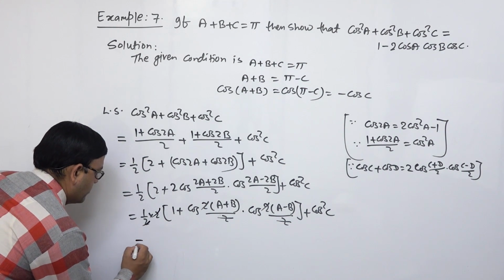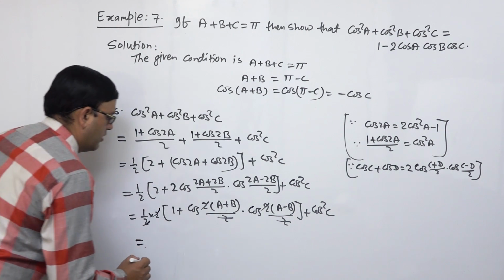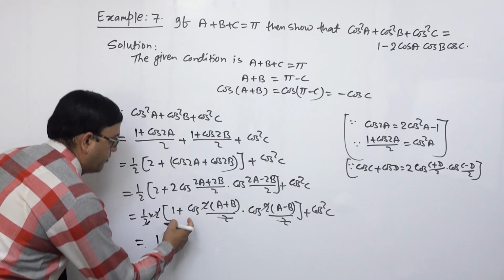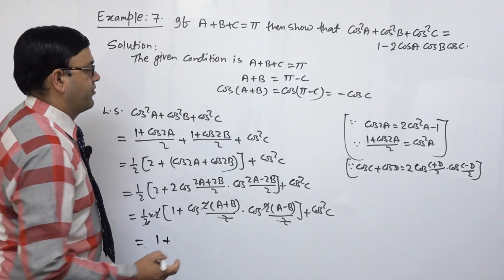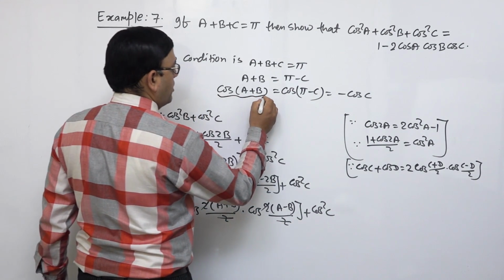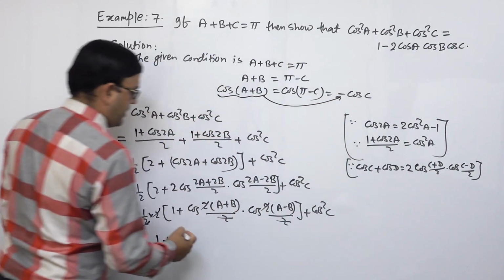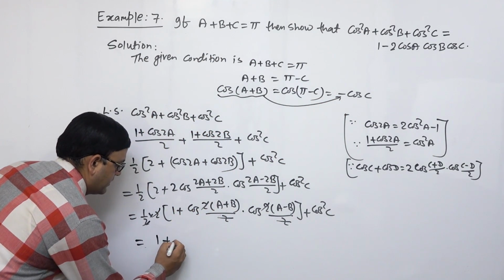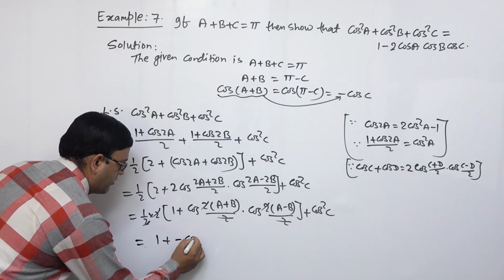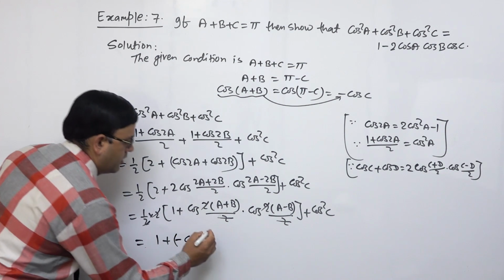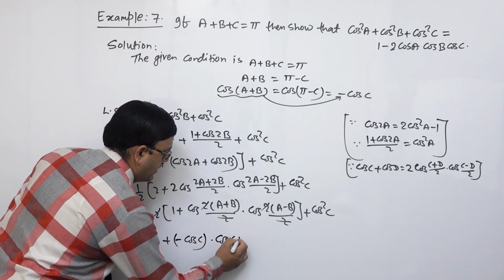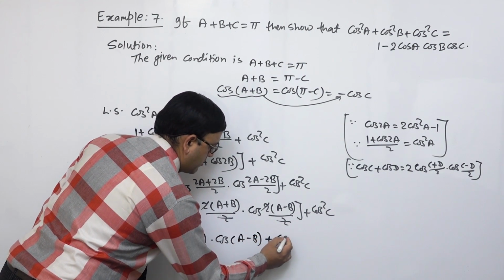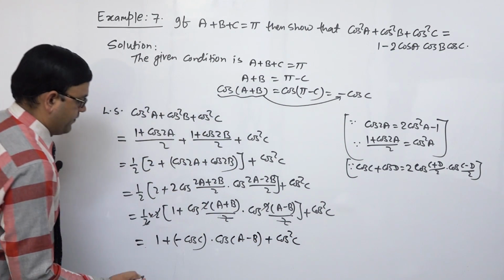Now this is equal to 1 plus, here is cos A plus B, the value of cos A plus B is minus cos C. So we can write here minus cos C times cos A minus B plus cos square C.